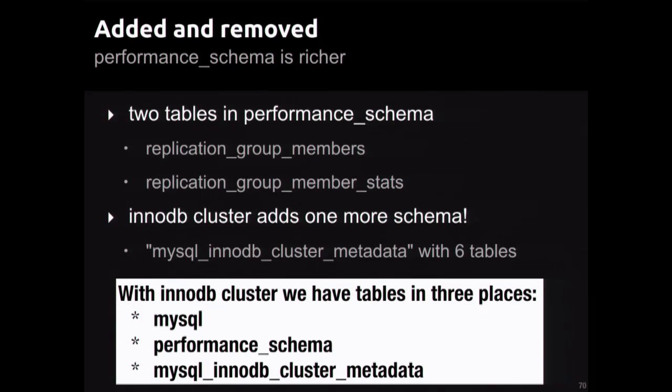It's called the MySQL InnoDB cluster metadata, containing 6 tables. So if you're using InnoDB cluster, you will have tables for replication in 3 places: MySQL schema, performance schema, and MySQL InnoDB cluster metadata. I think some simplification should be needed here.